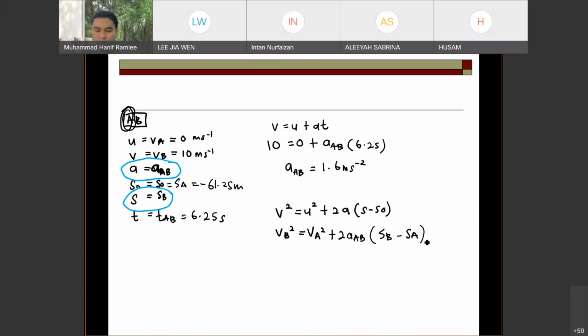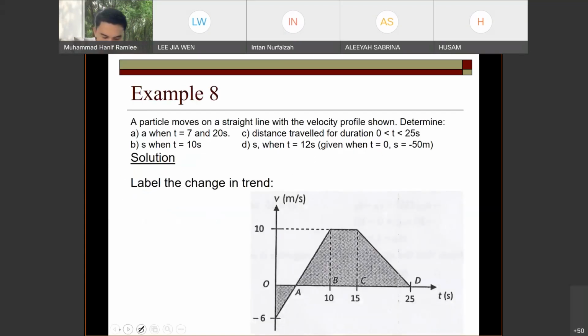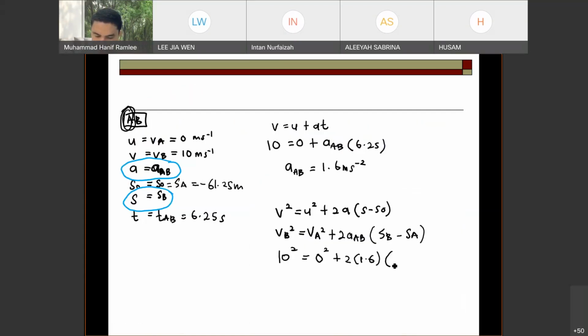Okay, so substitute the information into the equation. You will have the final answer. SA is the given one, the calculated one. So you will have the answer for SB from here.